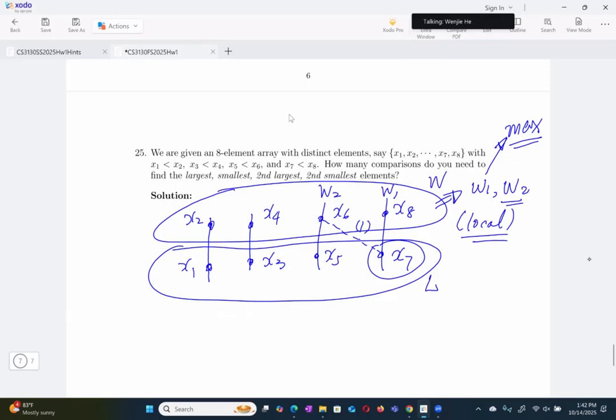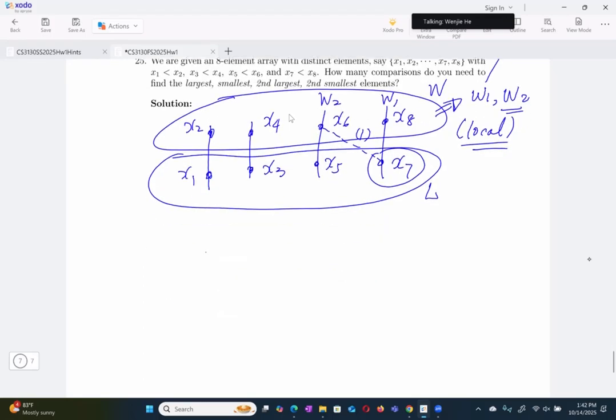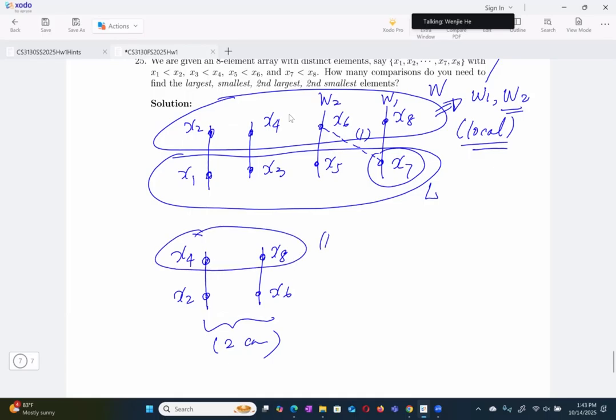So for the second largest, here you do another pairing: X4, X2, X8, X6. Here you need two comparisons. Assume that. Then after that, one comparison and you get W1.